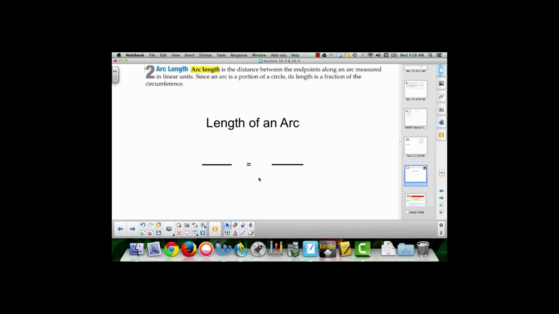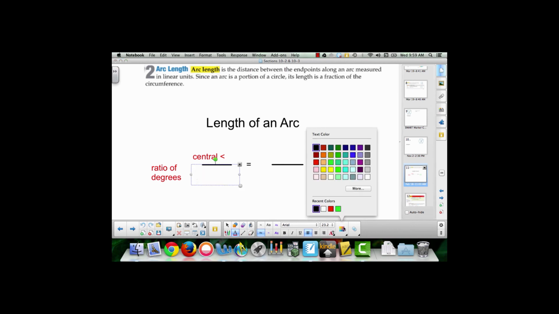So we're going to look at 2 ratios, a ratio of degrees and a ratio of lengths. So first, in our ratio of degrees, we have a part of the circle, which is the degree measure of the arc, or the central angle. And then we have the whole circle in degrees, which we know is 360.